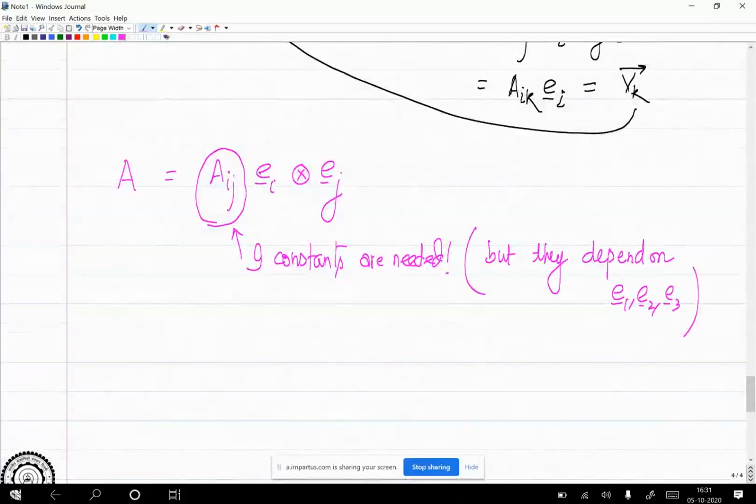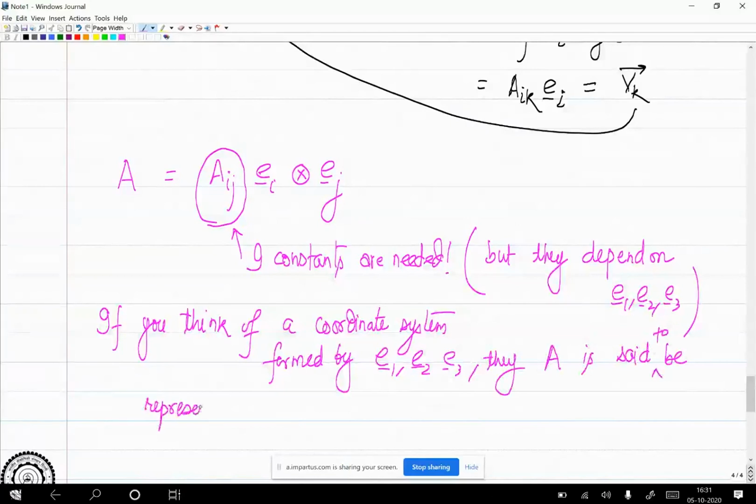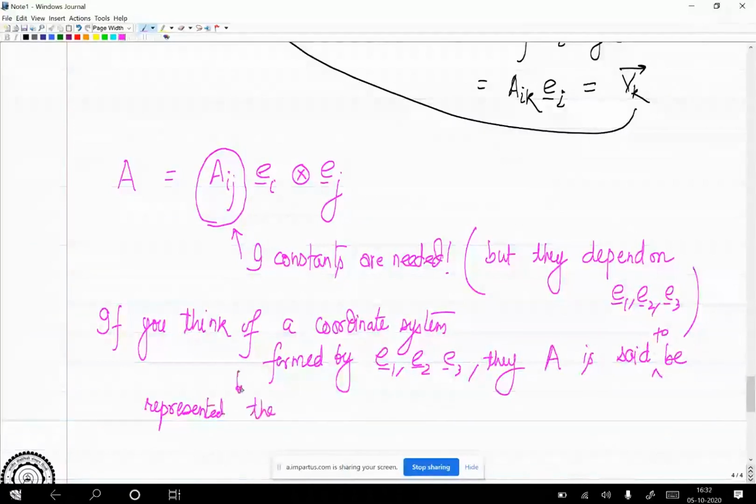It is like if you think of a coordinate system formed by E1, E2, E3, then A is said to be represented by the 9 coefficients Aij.